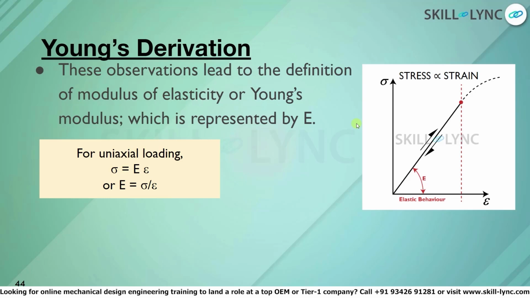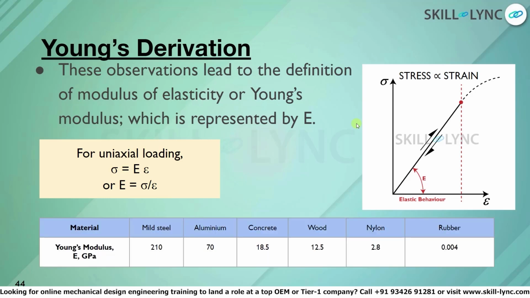For uniaxial loading, we will note that sigma is equal to E times epsilon, or E is equal to sigma divided by epsilon. Below here, we can see some metric properties that are standard for various materials. Mild steel has a Young's modulus of 210 gigapascal, while aluminium has only 70 gigapascal as its Young's modulus.